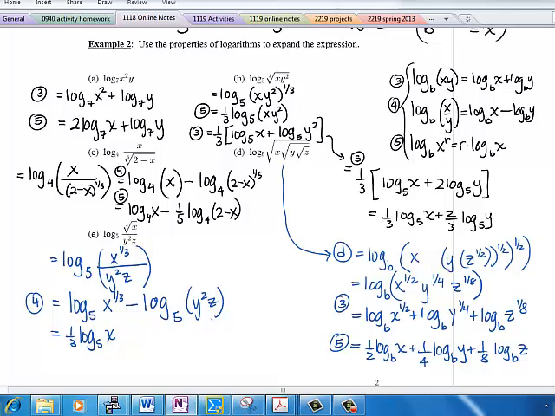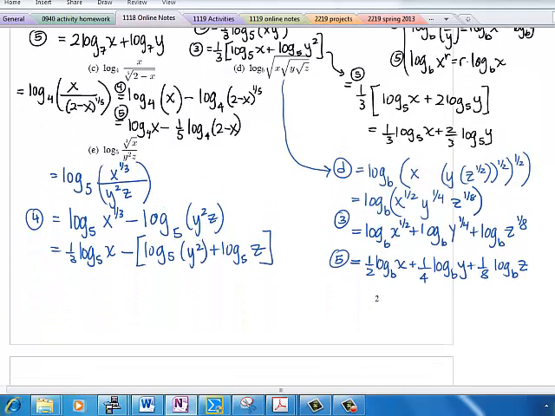And in the second term here, we can't move the exponent yet because it only applies to the y. So first we need to break up this product. And we need to be careful that we put parentheses around this group because we want to subtract that whole expression.